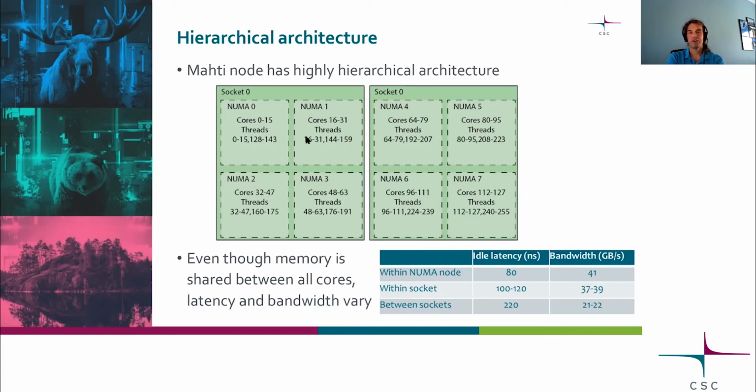Within the socket, so between two NUMA domains within a socket, latency goes a bit higher, bandwidth a bit lower, not drastically, but especially at the moment when you need to go between the two sockets. So this actually is a typo, there should be socket 1 here. The latency and bandwidth, they actually go up quite a bit.